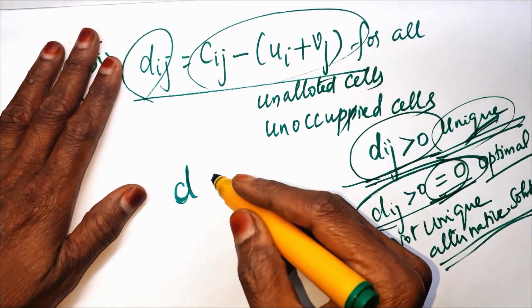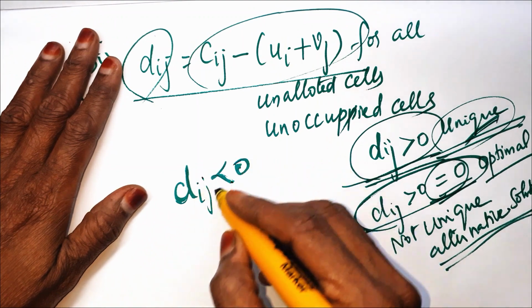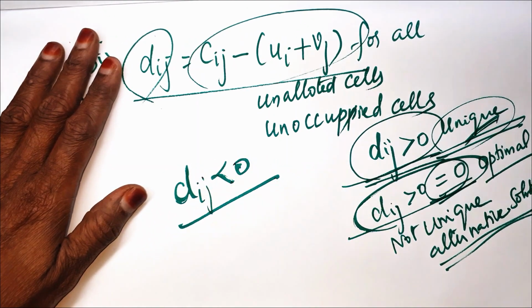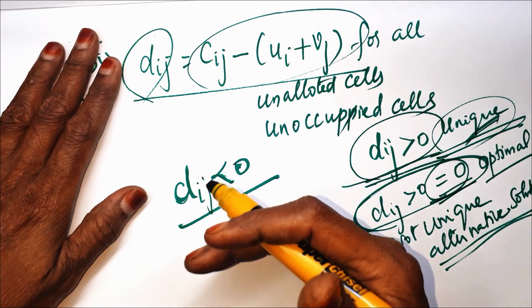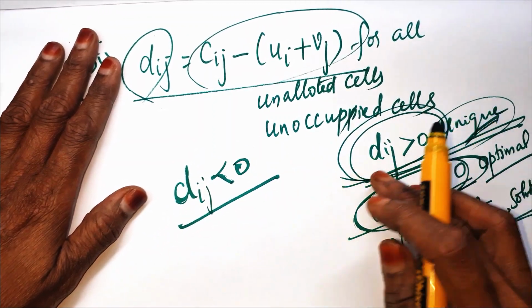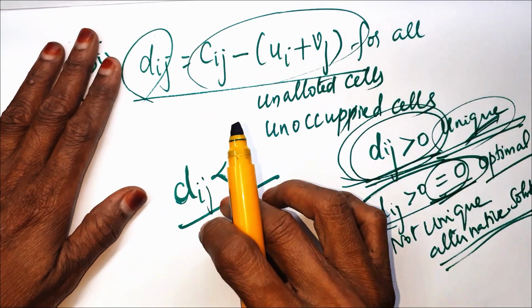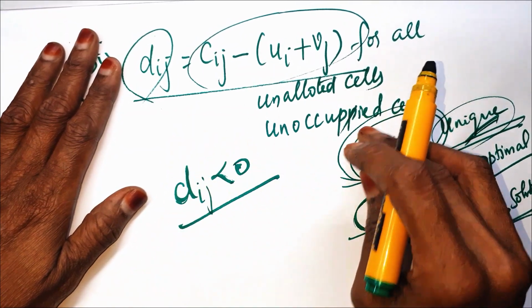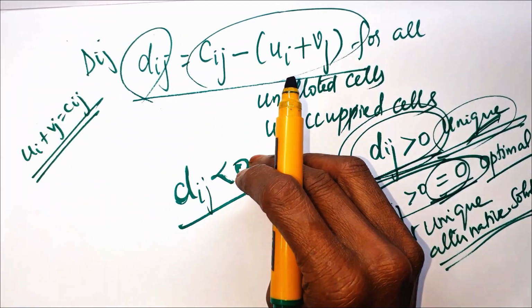Or else, if at least one dij is less than 0, the procedure we have to follow is different. That I will do in a different video, not in this video. In this problem, we are getting a solution where dij is greater than 0. Negative means the procedure is different, which I will do in a later video.